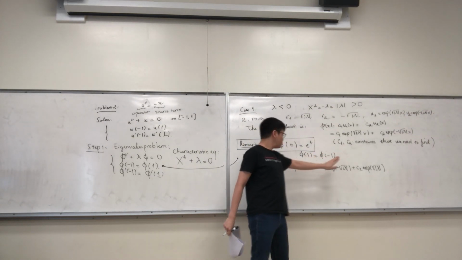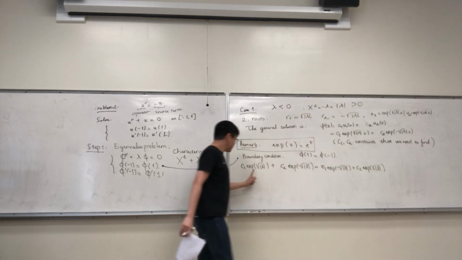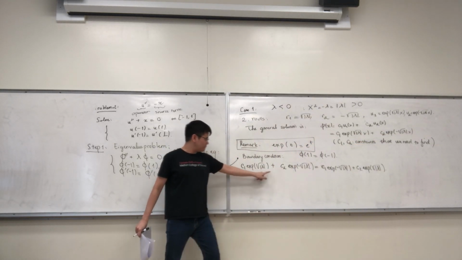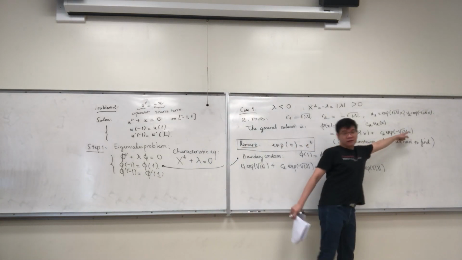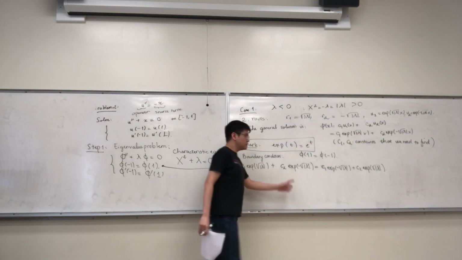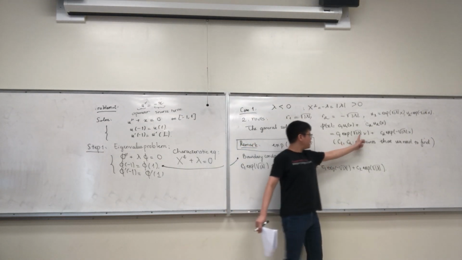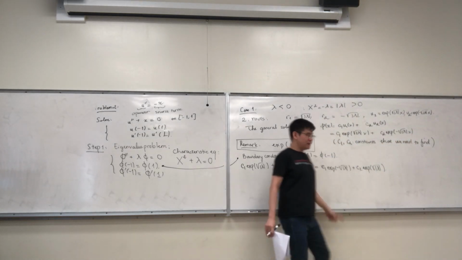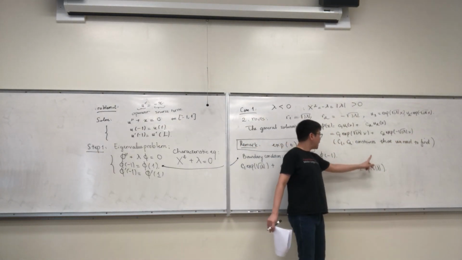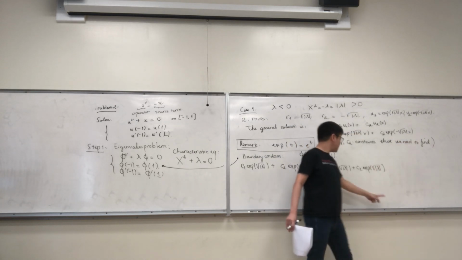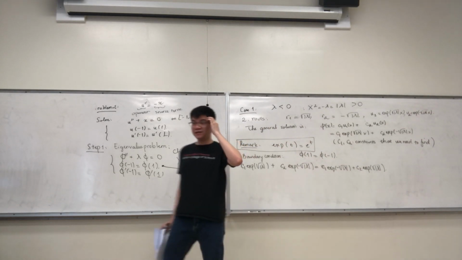I replace x by 1 here. I'm going to have c1 exponential of square root lambda plus c2 exponential of minus square root lambda, because here I have 1 and 1. This is going to be phi of minus 1. So I replace x by minus 1 here and here. I'm going to have c1 exponential of minus square root of lambda, and here because I have minus 1, I have c2 exponential of square root of lambda. It's clear?